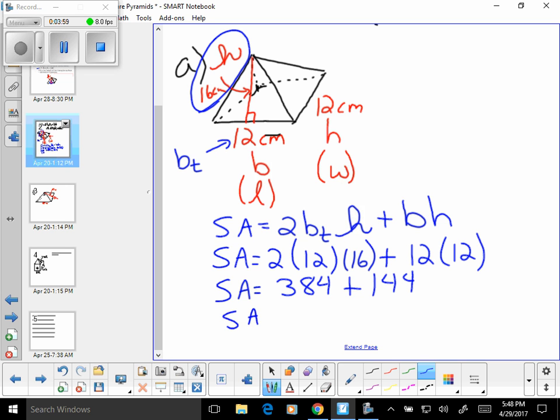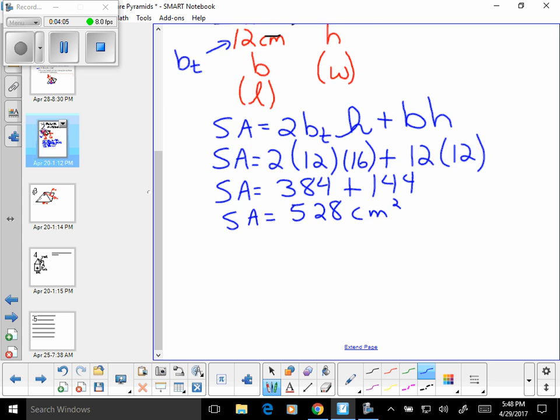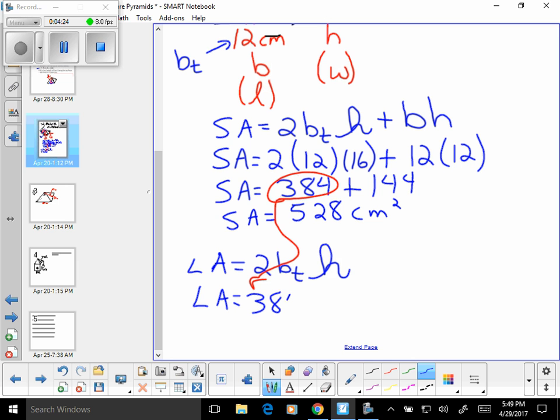So our surface area is going to be 528, in this case, centimeters squared. Now if they're asking you for the lateral area, that's going to be 2 times the base of the triangle times the slanted height, and remember, that's on the triangle. We take that from our work right down here, and we get 384 centimeters squared.